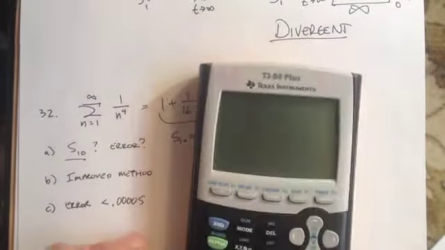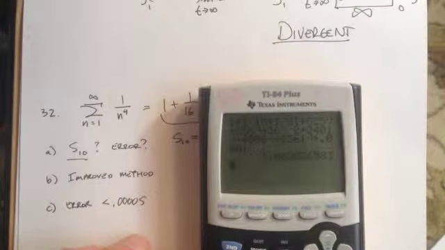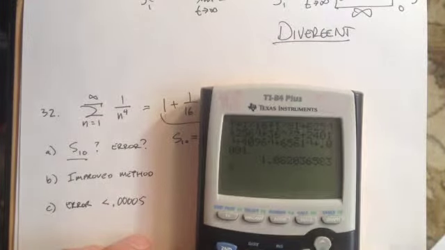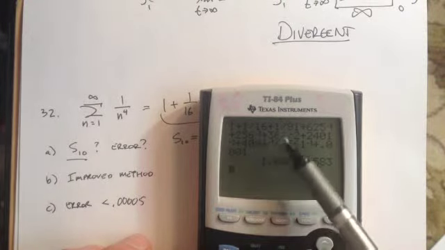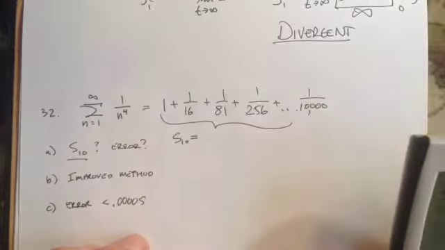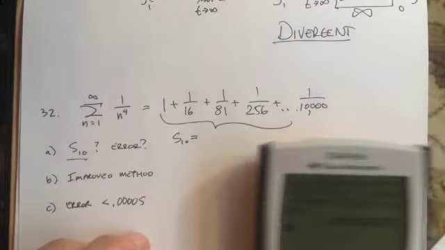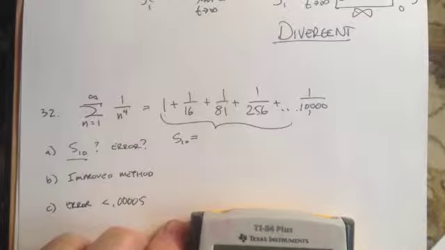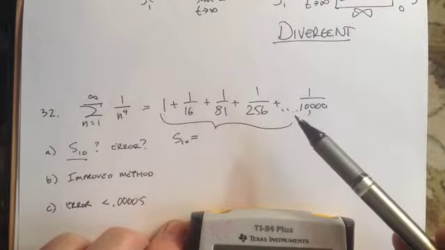Alright, back, turn that on. That's what I got. If you can see, I've got 1 plus 1/16 plus 1 over 81 plus that is 3, then 4, 256.